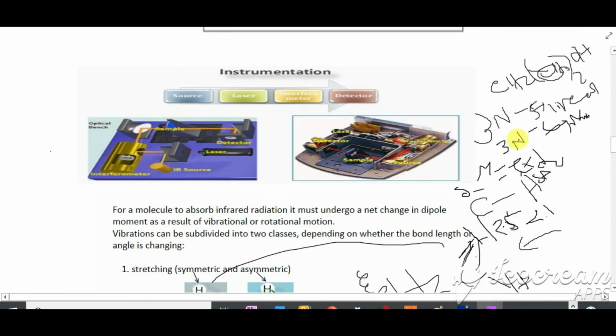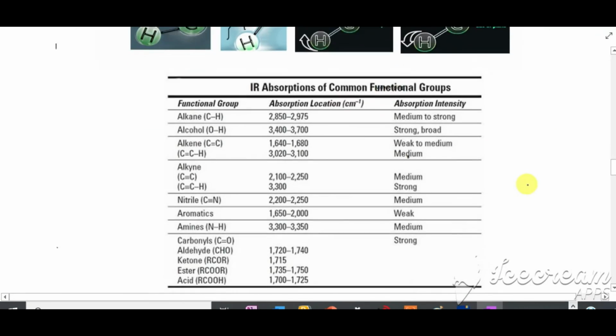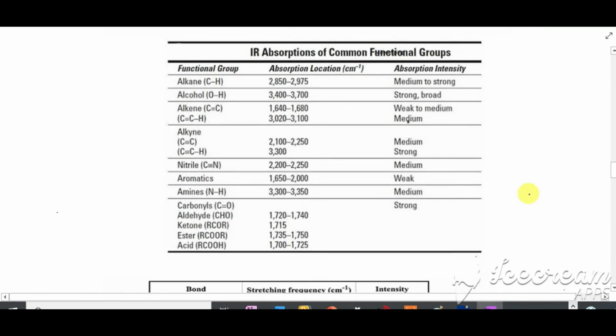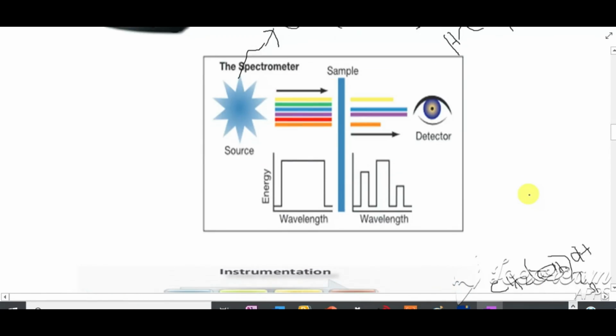By this equation you get how many vibration modes are present in your molecule. Okay, so two things are cleared.